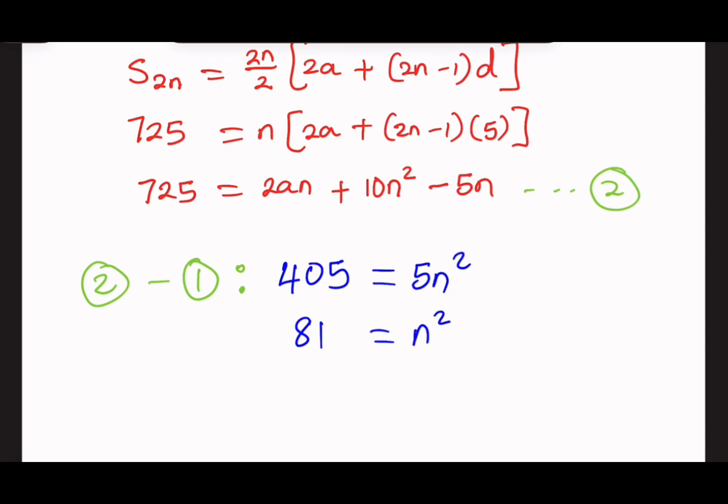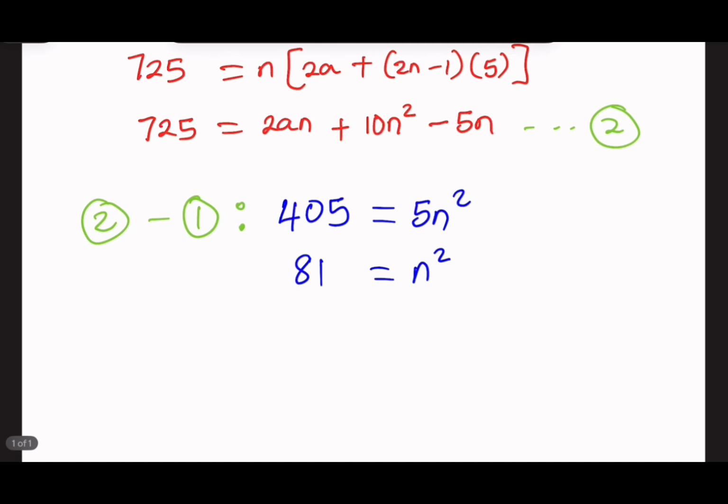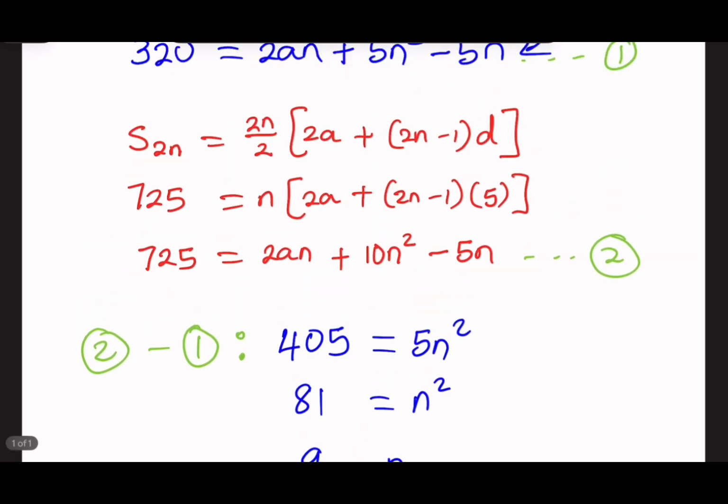Then you can square root. You don't have to do plus or minus, which is typically what you would do when square rooting, because n is always positive, so you can just take the positive version. So n is actually 9 for this question.